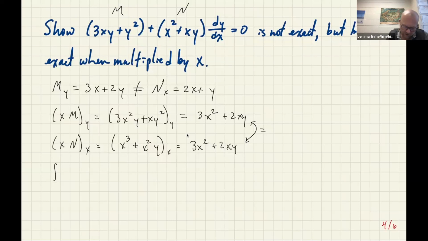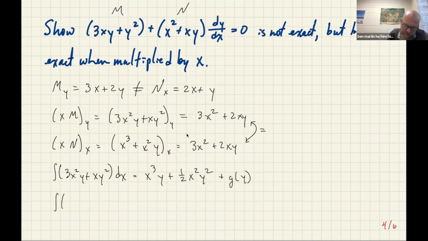All right, I'm going to take the M here, that was 3x squared y plus xy squared, and integrate it with respect to x. I get x cubed y plus 1/2 x squared y squared plus g of y.